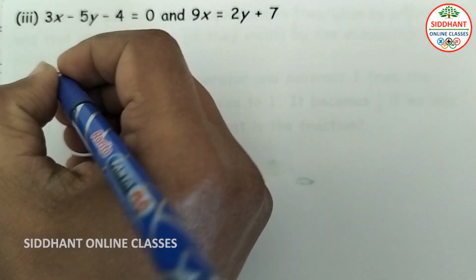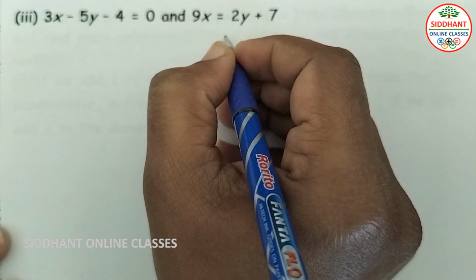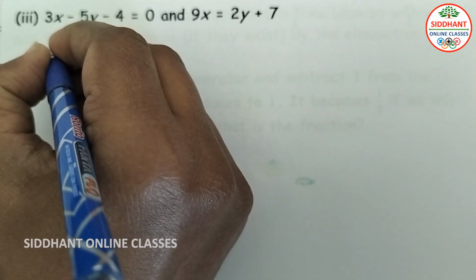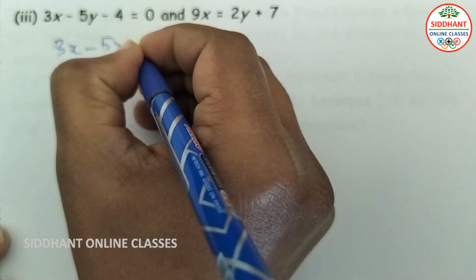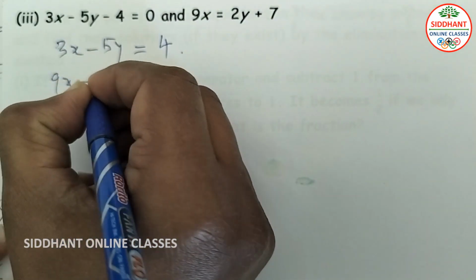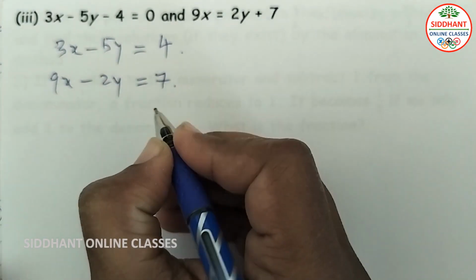Question number 3. 3x minus 5y minus 4 equals 0, and 9x equals 2y plus 7. So we are going to write 3x minus 5y equals 4, and here 9x minus 2y equals 7.